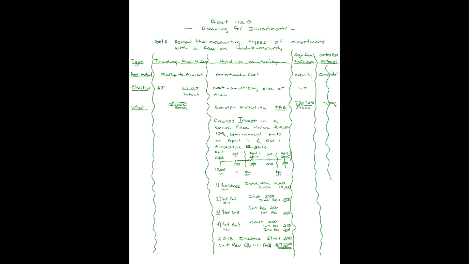Let's move on to 2014. Let's copy over that first interest payment. Interest payment received on 4/1. We picked up cash of $500 because this bond pays interest, $500 every 6 months.